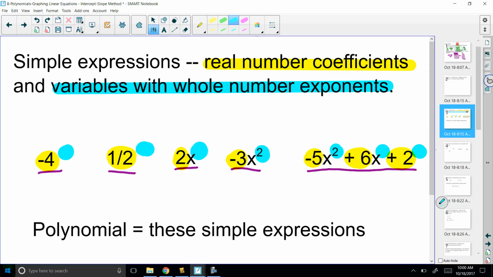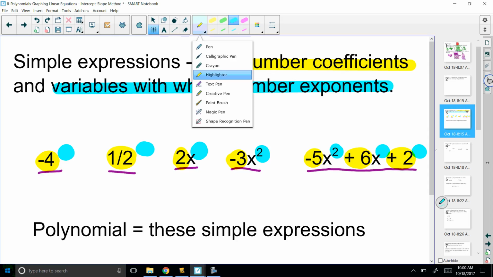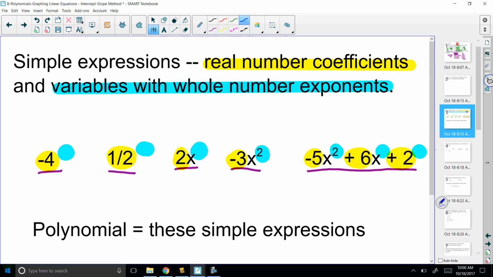Or I should say, not whole numbers, but when I talk about these real numbers, just as a constant, do they actually have whole number exponents? Well, the -4 is the same thing as -4x to the 0 power. Is 0 a whole number? Yes, you just told me that. Jada said, oh, whole numbers are 0, 1, 2, 3. So this still has a whole number exponent.